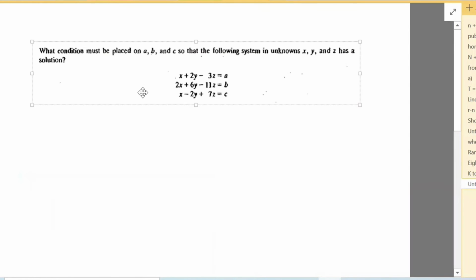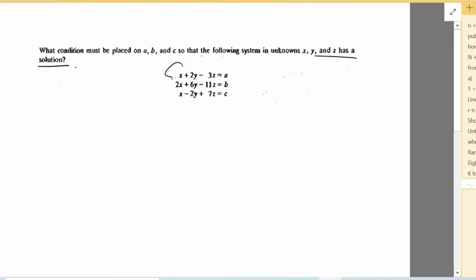What condition must be placed on a, b, and c so that the following system in unknowns x, y, and z has a solution? We need to find the relation between a, b, c in such a way that the system is consistent.